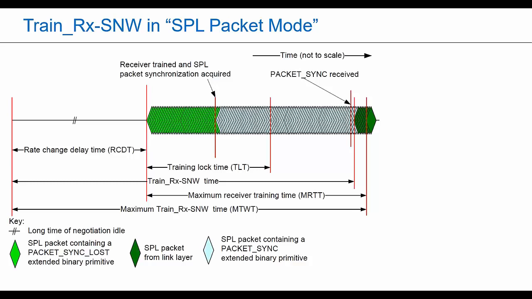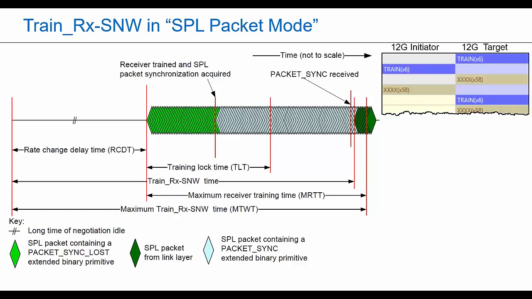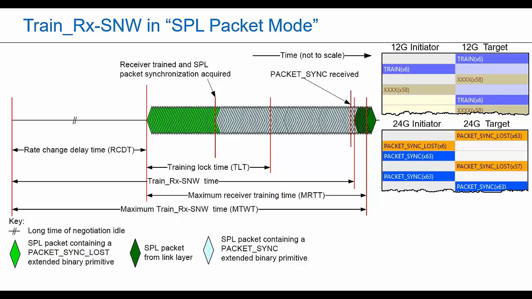And this stage is required for SAS 4. You have to participate in receiver training. Only difference here is that where 12 gig used the train done primitives, in 24 gig they'll now use packet sync and packet sync lost.